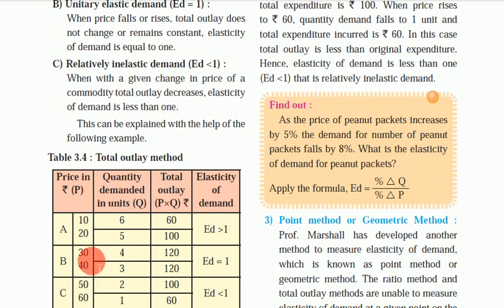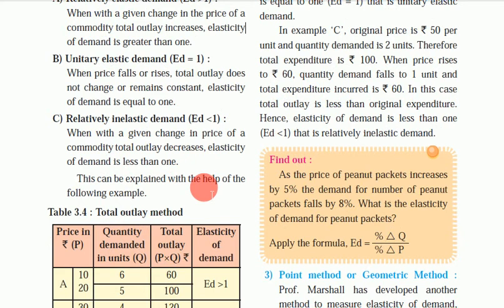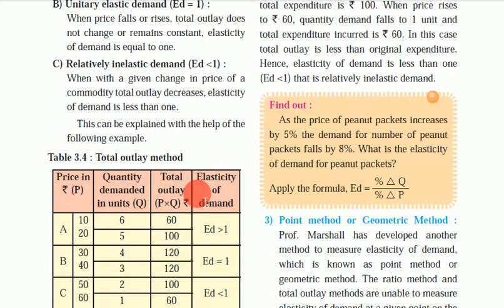When, due to change in the price, the total expenditure of previous and current is equal, then we will say elasticity of demand is equal to 1. And when, with a given change in the price of a commodity, total outlay decreases, elasticity of demand is less than 1.